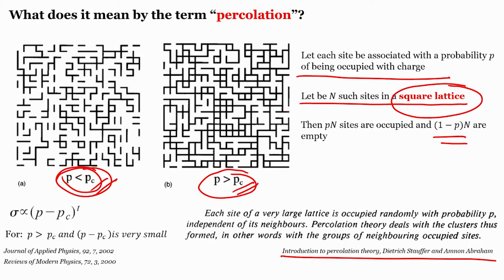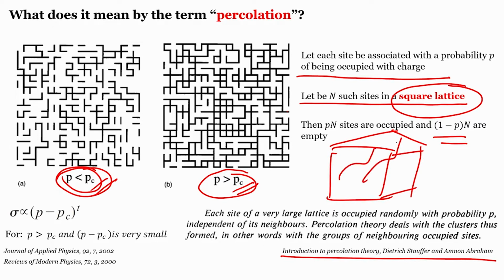Now when we talk in terms of biological tissues, or before that, let us talk about the polymer composites that we had discussed. We talked about a cuboid which was the polymer, and then there were carbon nanotubes filled in this. In this particular case, this was the filler material, the carbon nanotube, the conducting filler material.